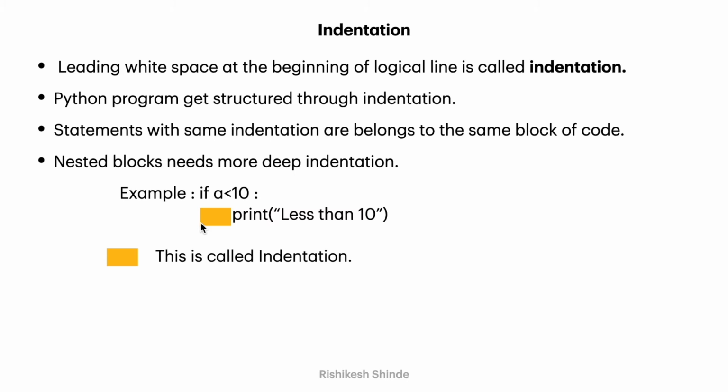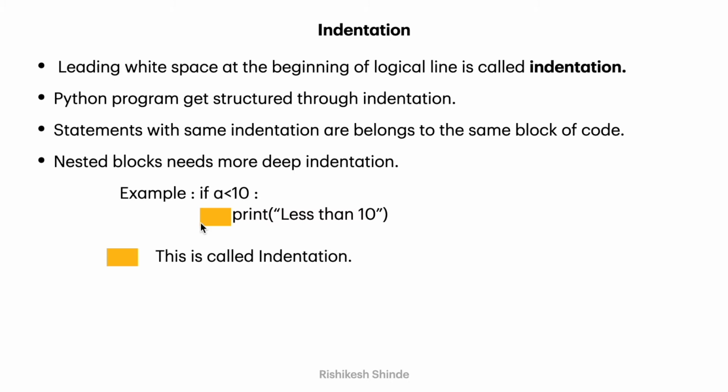Any code not under indentation is the main part of that program. But when we write a block of code under indentation, that falls under a particular conditional statement. So this is the main use of indentation.